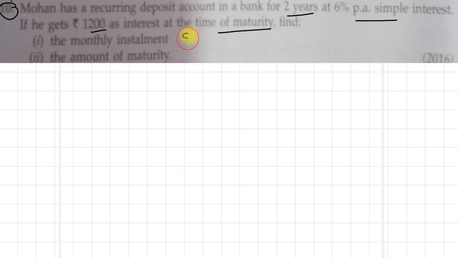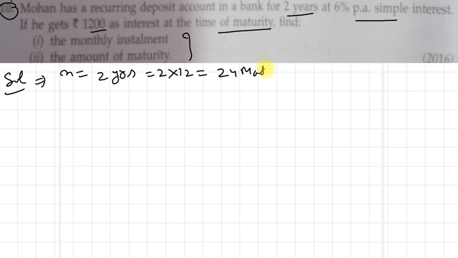So here students, n is equal to 2 years, right? 2 into 12, 24 months, right? R is 6% per annum. I is equal to rupees 1200. So we have to first find out monthly installment.